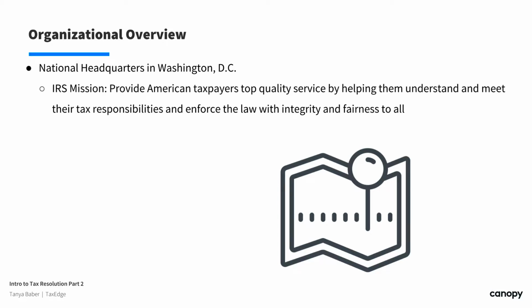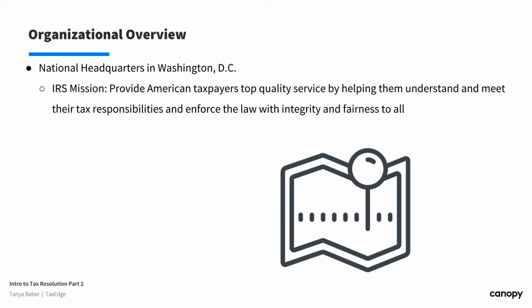Basically, they have a big job: help enforce the tax laws, because Congress passes tax laws. They require taxpayers to comply, and the taxpayer is supposed to try to understand and meet their obligations, which is definitely difficult, but the IRS role is to help the large majority of these taxpayers with that law and try to ensure the minority who are unwilling to comply also pay their fair share. So that's the big overriding mission.